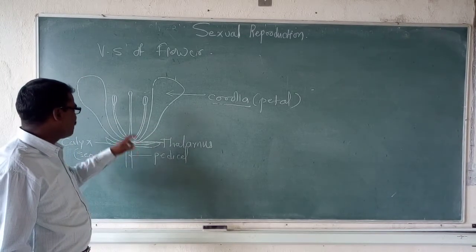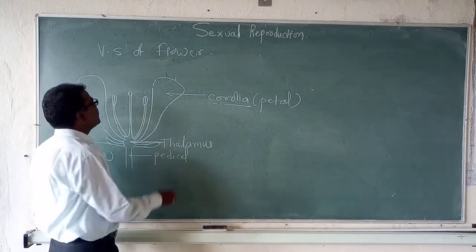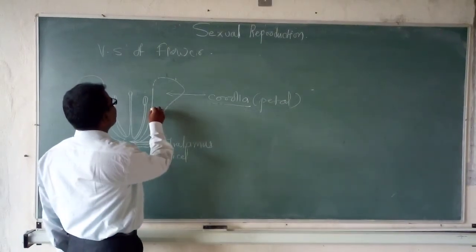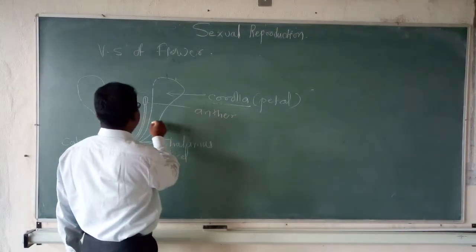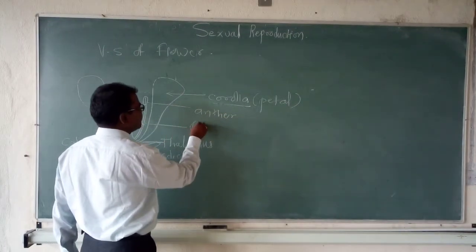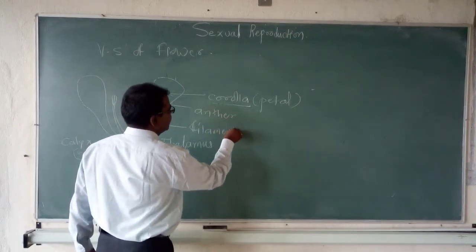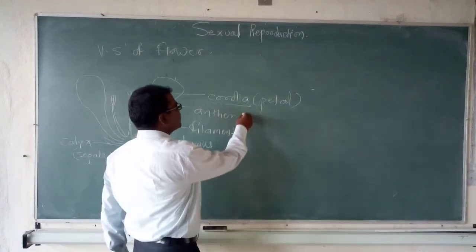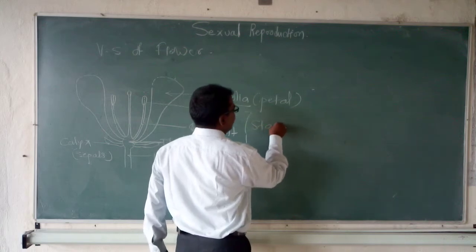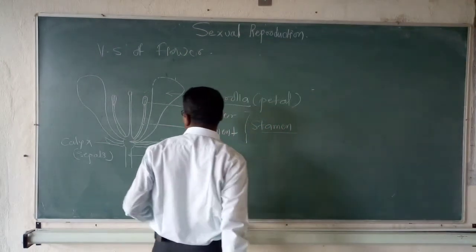The next whorl of the flower is called the androecium. Androecium is made up of anther and filament. The next whorl of the flower inside the corolla is called the stamen. What is the structure of a stamen?